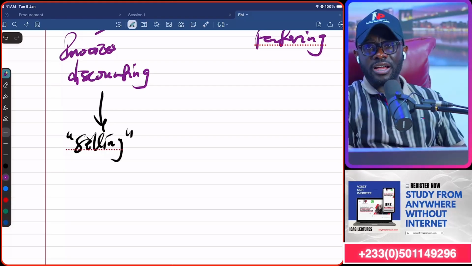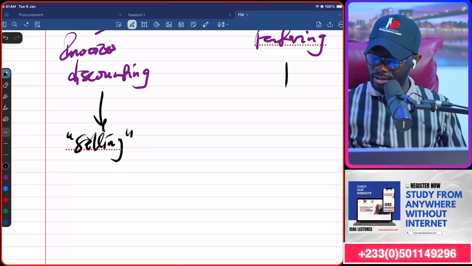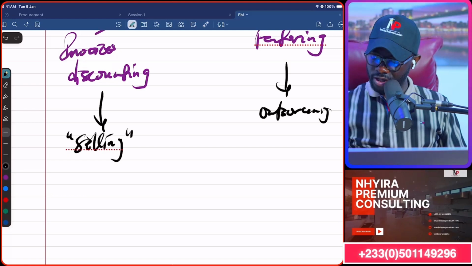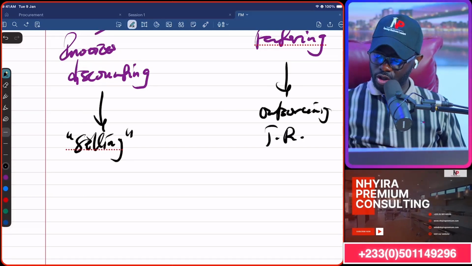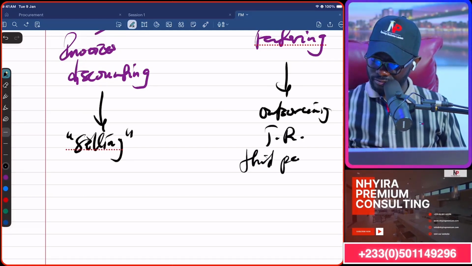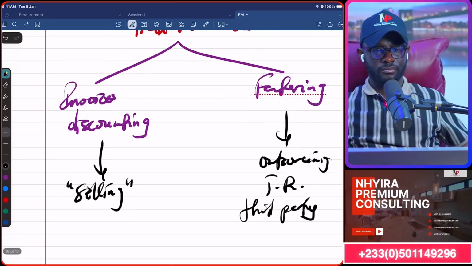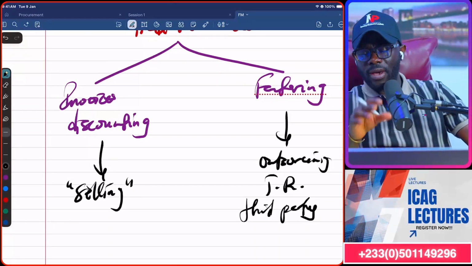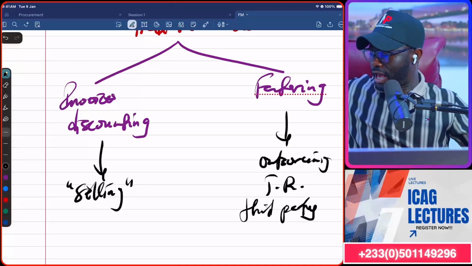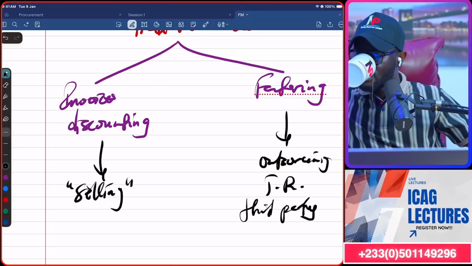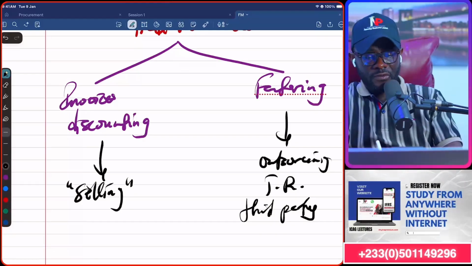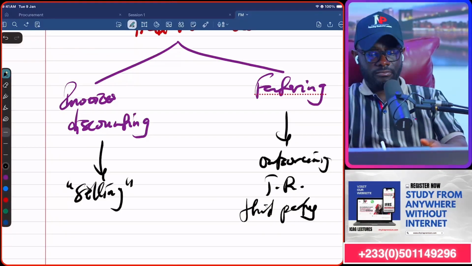Then debt factoring is more or less like outsourcing the management of our trade receivables to a third-party organization. So maybe we don't have a number of people, or many people are not paying us on time. Okay, so many of our customers are refusing to pay on time.